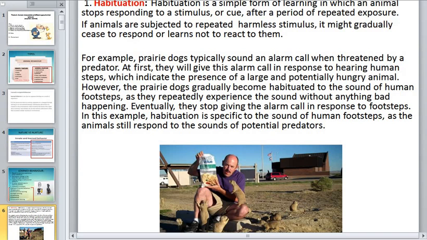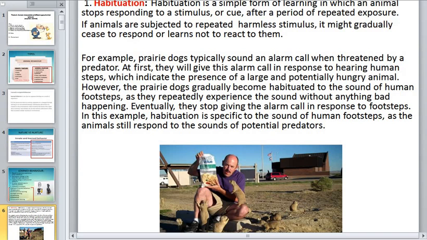For example, prairie dogs typically sound an alarm call when a predator comes. At first, they will give this alarm call in response to hearing human steps, which indicates the presence of a large and potentially hungry animal, a big animal, which can eat these little animals, these dogs.